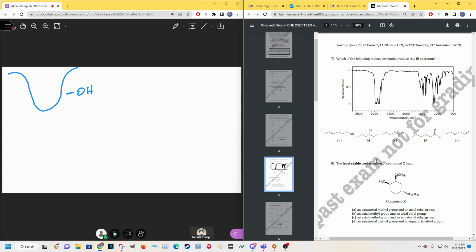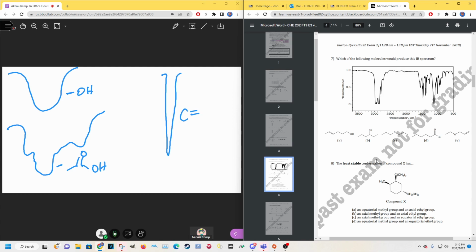Also around that region, if you see a weird beard, like all this going on, this is for a carboxylic acid. Around the 1500 region, and up, if you see a sharp sword peak, this represents a carbonyl group, so there's a C double bond O somewhere in the molecule.